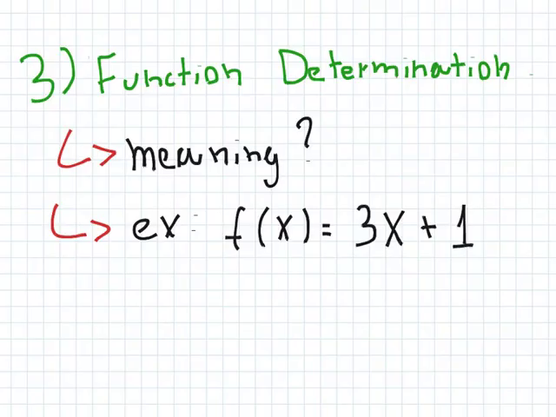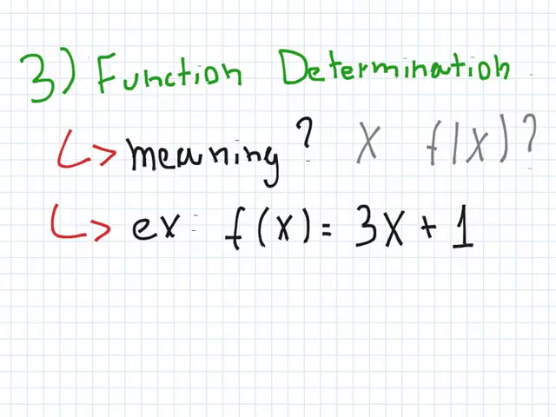Regarding function determination, it's an easy concept. Every time you see "determine this function," the meaning is really what is the value that the function has for a specific value of x. So basically, what would be f of x? A simple example would be this function, f of x equals 3x plus 1.